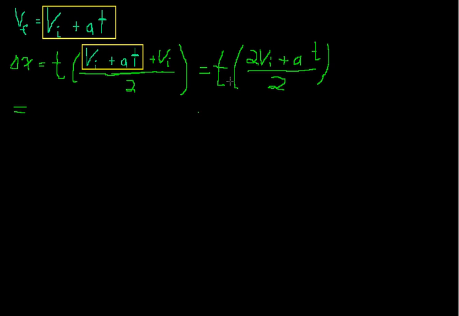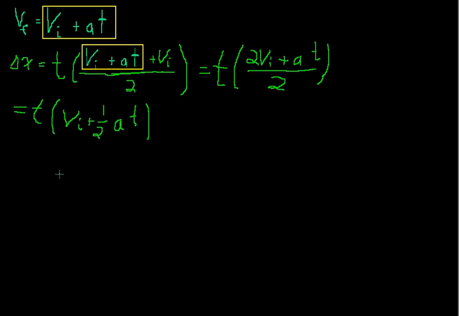And then how about we divide by t next? So we get t times, well, 2Vi divided by 2 equals just Vi, plus at divided by 2. We can either say at over 2, or we could just say plus 1/2 at, right? It's the same thing. Hopefully that makes sense.